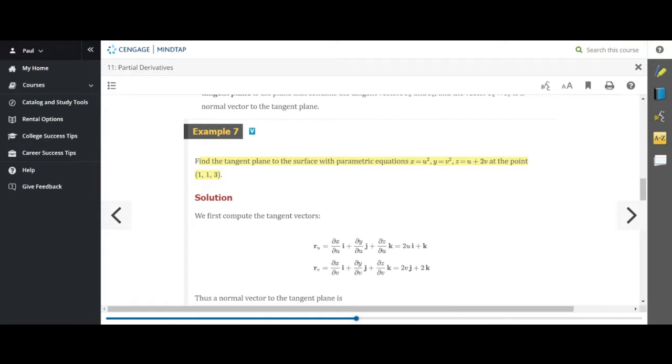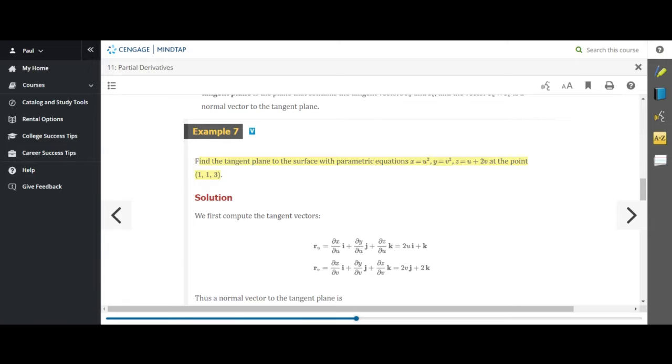If x equals 1, y equals 1, z equals 3. That's right, Charles. u has to be equal to 1 and v has to be equal to 1.